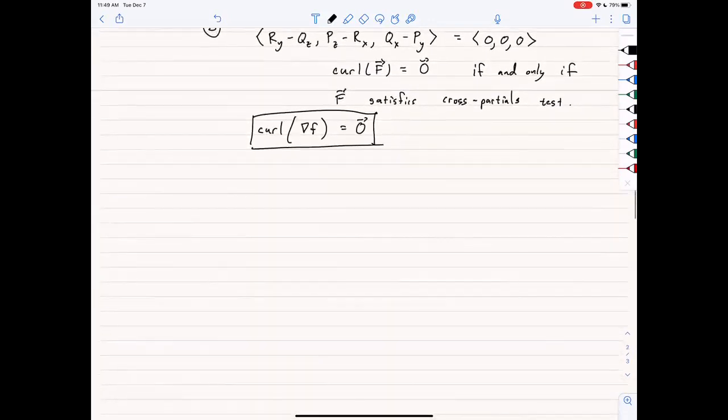But before we get to that, let's just do a basic problem and see what we can say. Here's a problem. Let's compute the curl of a vector field. Say F equals minus y, x, c. Okay.